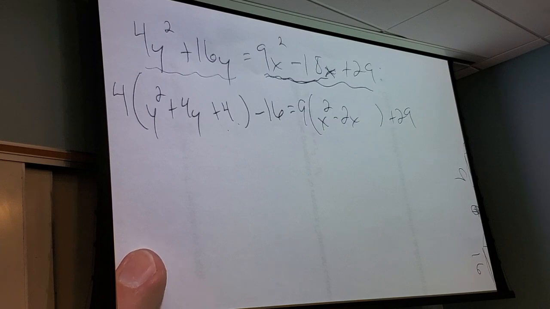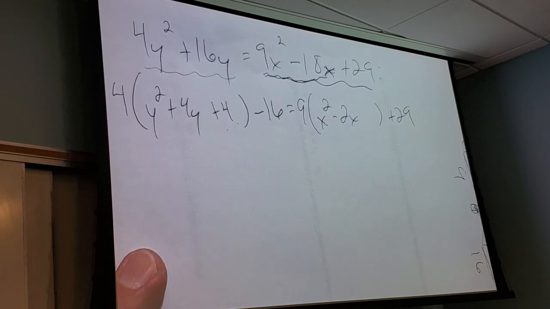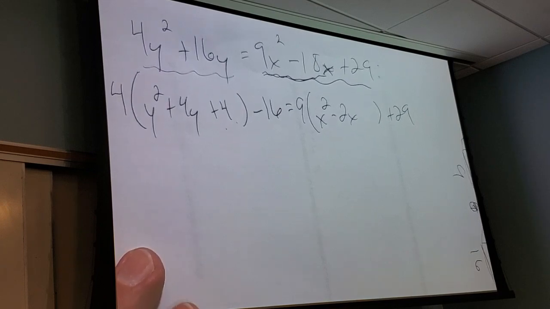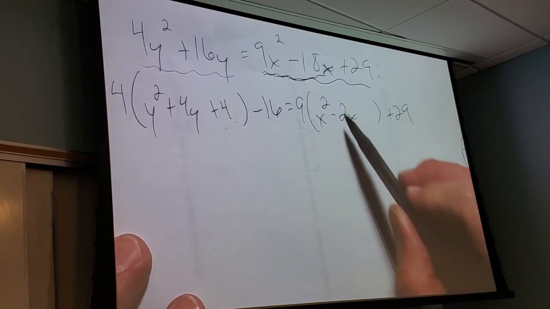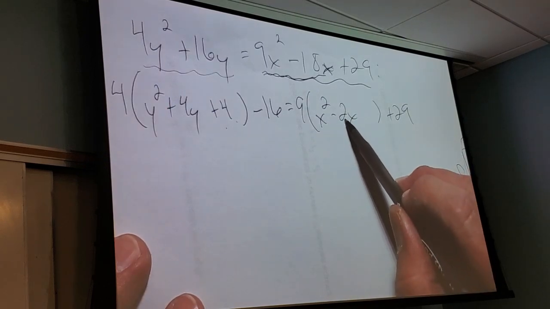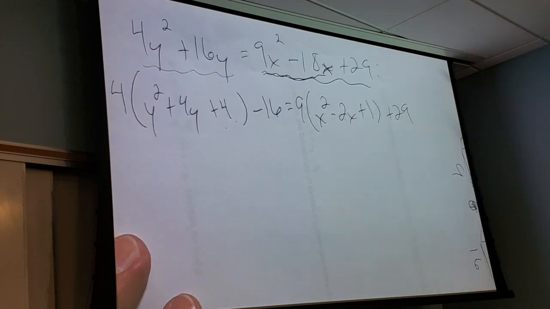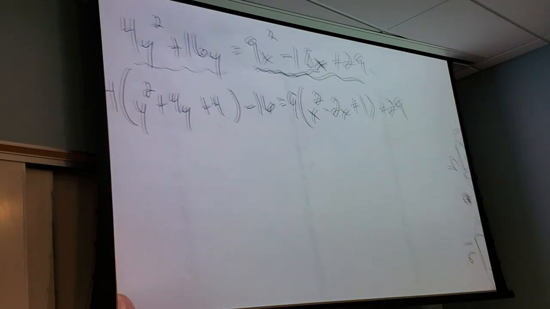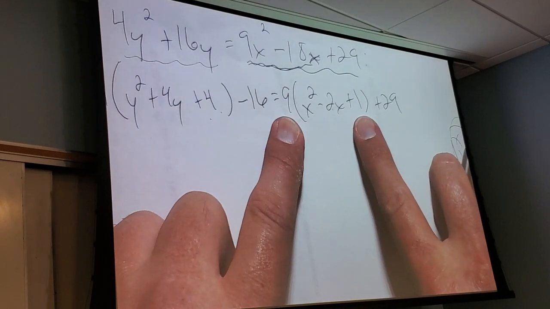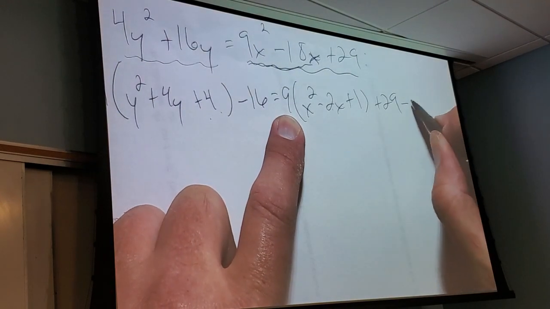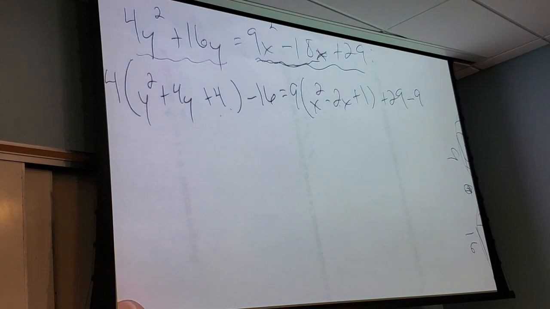Right, so completing the square was built on the first number being a 1. Once I get that, how do I do this? I take half of this squared. What did I actually just add? 9. So I better subtract 9 at the same time.